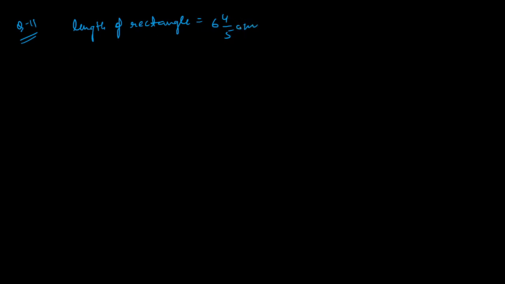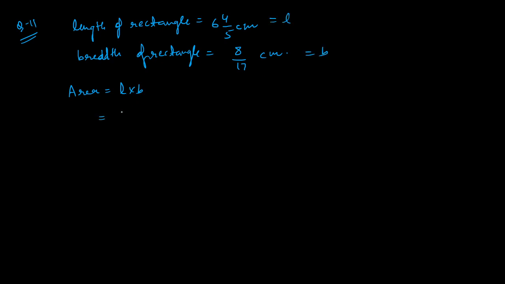Okay, and breadth of rectangle is equal to 8 upon 17 centimeter, and we have to find the area. So what is the area of a rectangle? It is length into breadth. This is length, this is breadth. So now multiply 6 whole 4 upon 5 to 8 upon 17.